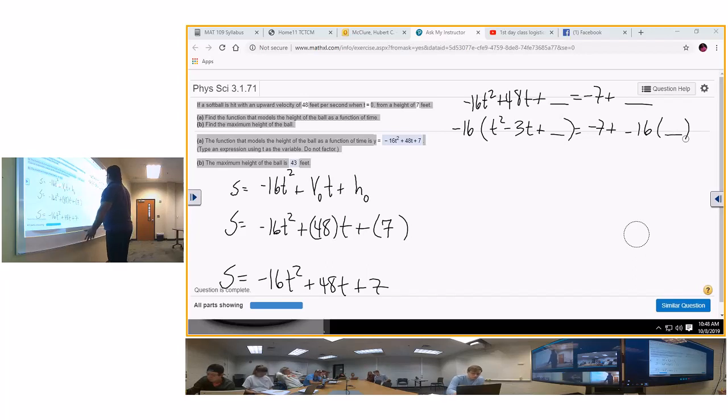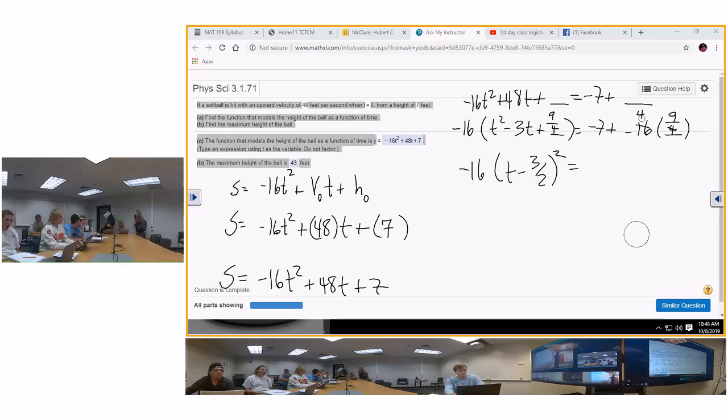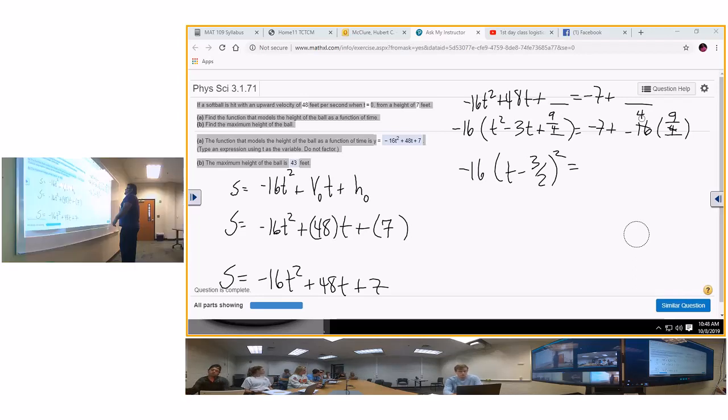Half of 3 is 3 halves. 3 halves squared is what? 9 fourths. Negative 16 times t minus 3 halves, quantity squared, is equal to, that 16 and that 4 will go out. 4 times 9 is what? Negative 36 minus 7 is negative what? 43?